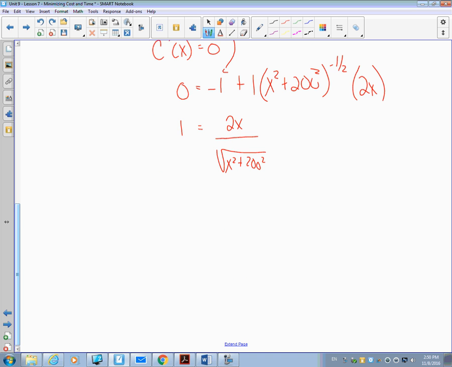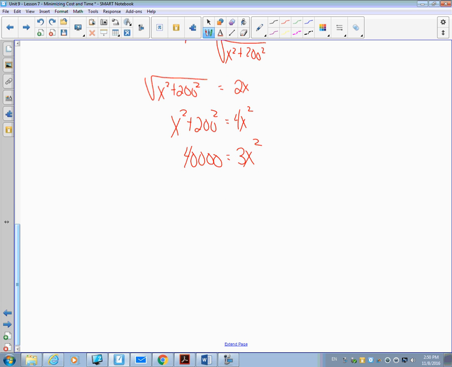Good old cross multiplying. This is kind of nice because I have the number 1 and the number 1 underneath it, so it makes my life easier. We can square both sides. We've got 4x squared. We can rearrange this. The 200 squared becomes 40,000. So I'll get 3x squared on the right.